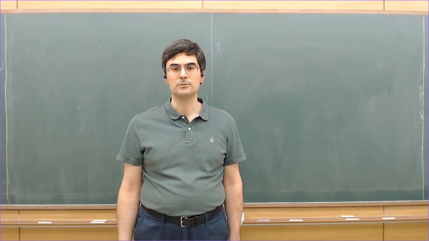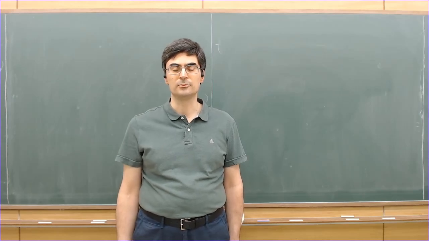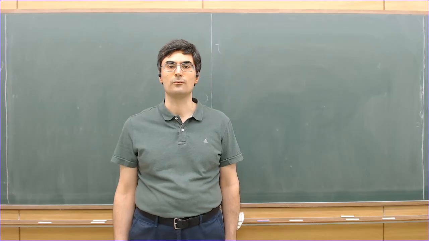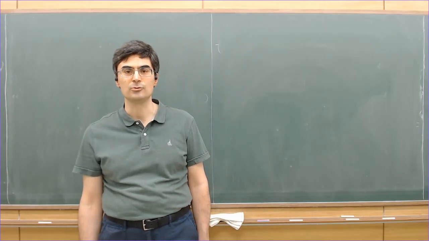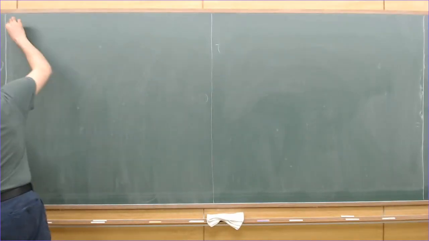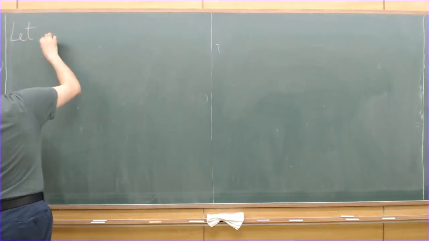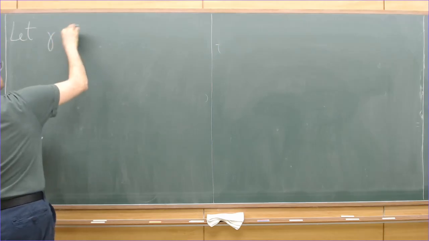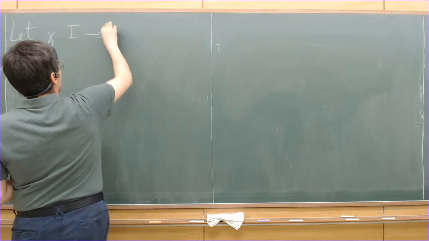Good afternoon. During the first part of the lecture of today, I will introduce the notion of osculating plane and osculating circle. So let's consider a unit speed curve in Rn.